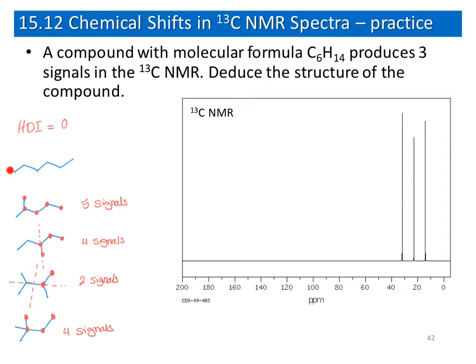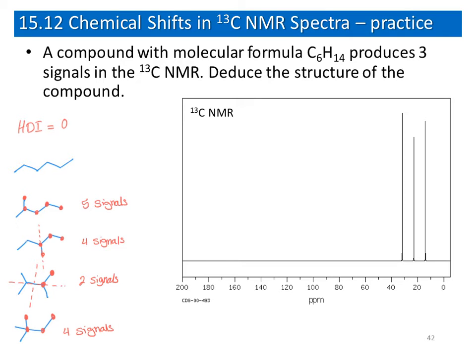Now in the first structure, we have some sort of plane of symmetry here. This methyl is exactly the same as this one. They have the same chemical environment. Both of them are connected to CH2 groups. These two CH2 groups are exactly the same. Both of them are connected to a methyl and another CH2, and these two CH2s are exactly the same.